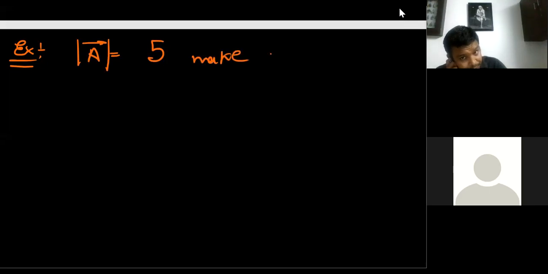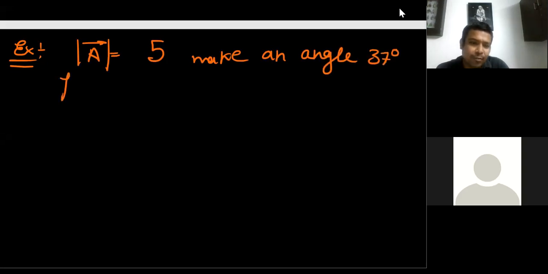Suppose, my dear friends, the magnitude of vector A is 5 and it makes an angle 37 degrees from the x-axis.